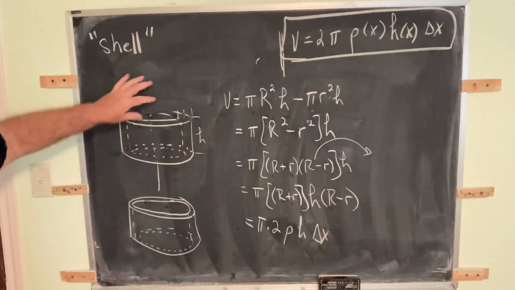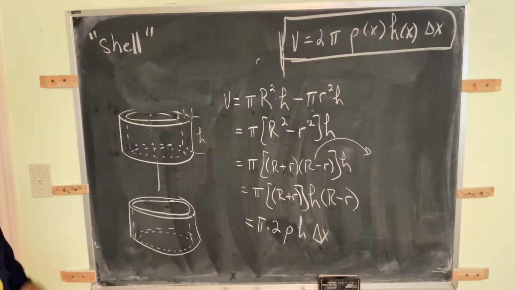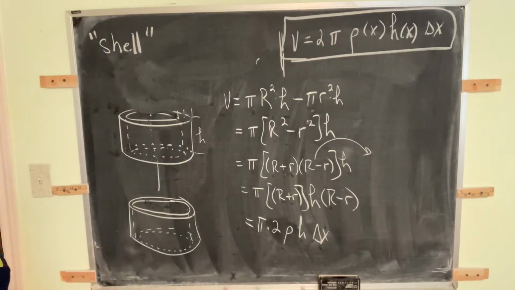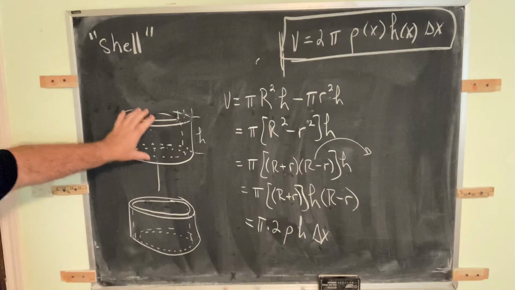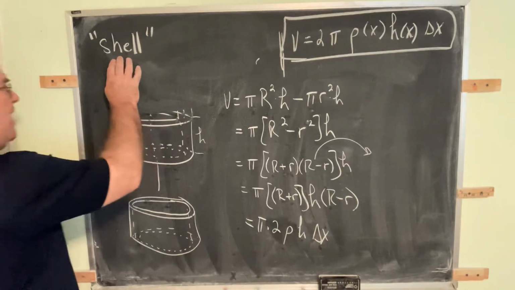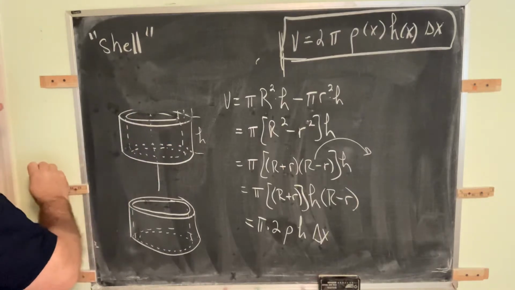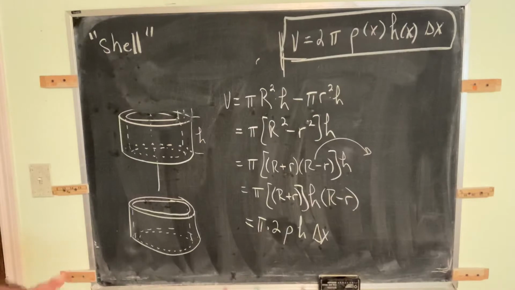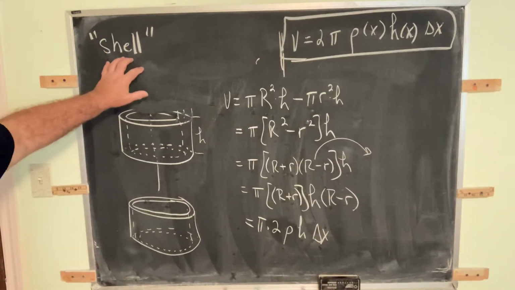It might not be feasible because the integral you generate might not be as easy or as straightforward, or you might simply generate two larger integrals. And sometimes it works the other way around. Sometimes the shell method is more challenging, but the disk method is easier. And so having an understanding of both of these methods is important for this process. So that's the introduction to this notion of the shells.